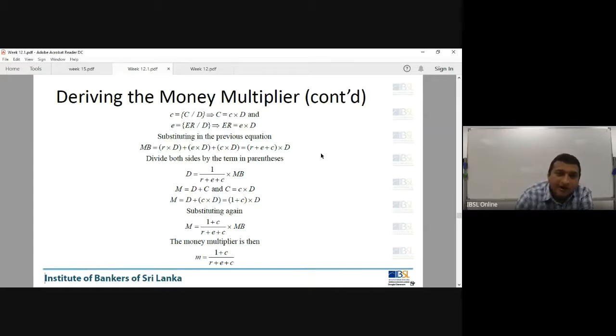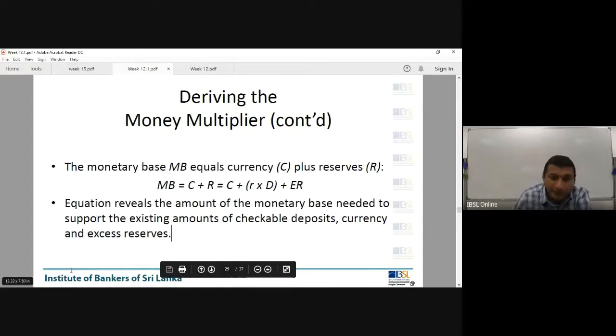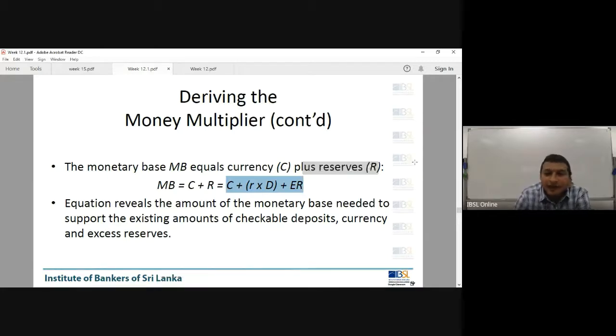We define so-called C. You know, C is currency. In the previous slide, you remember, we had this component here: C plus R, small r times D. Okay, this component, and ER.